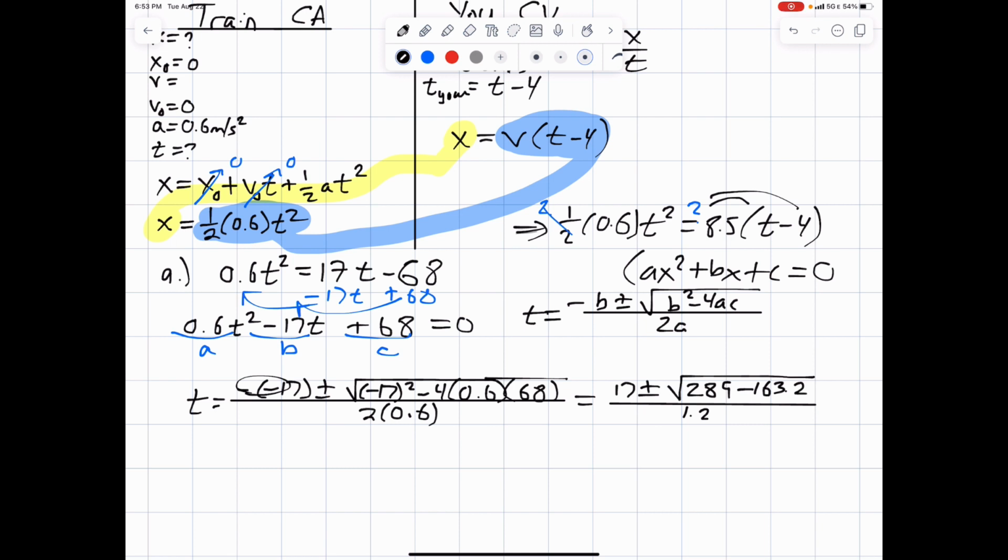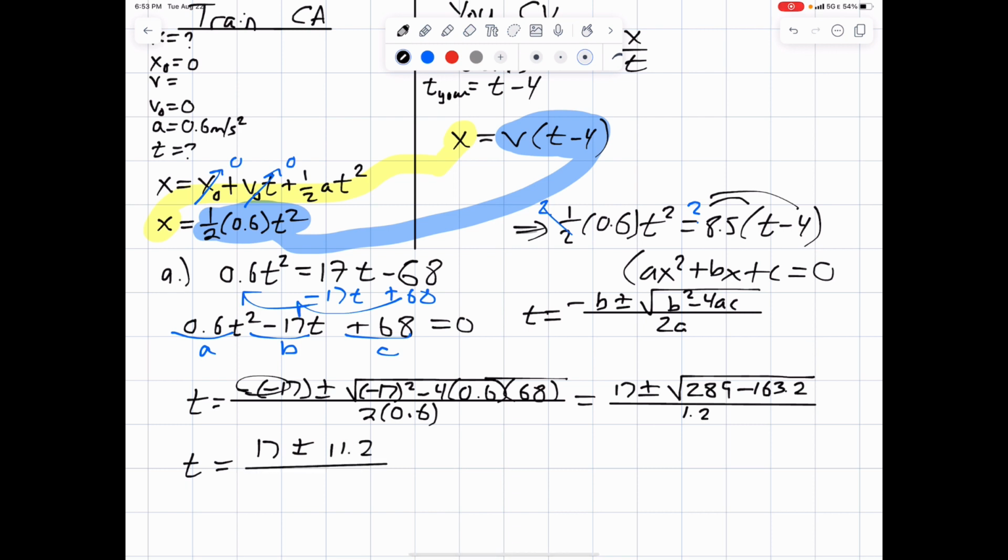Now we have two possible answers. So t is equal to 17 plus or minus, now we're going to go 289 minus 163.2, 125.8. Square root that, and we're looking at about 11.2.